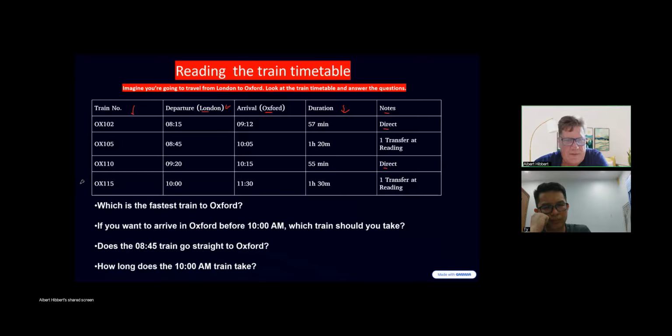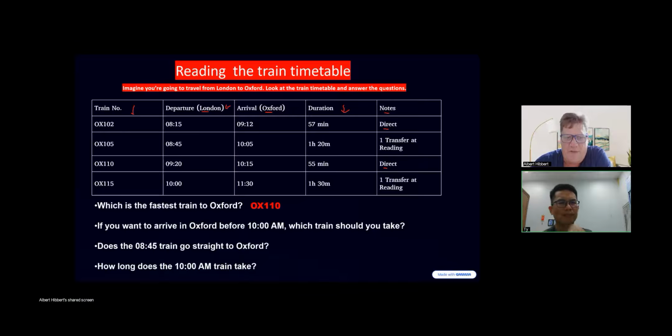Okay, so which is the fastest train to Oxford? The fastest train to Oxford is number OX 110. Yes.